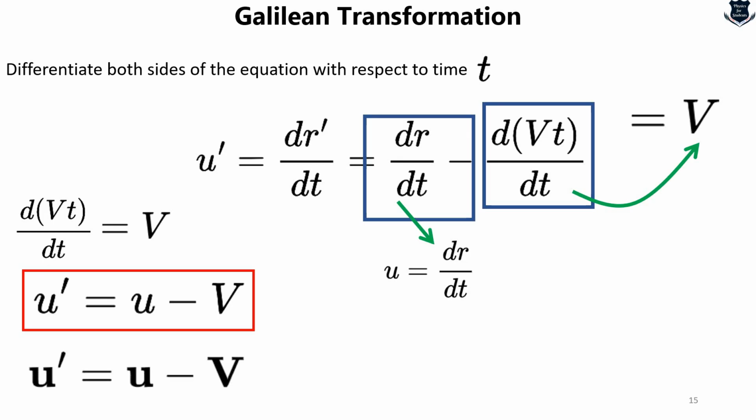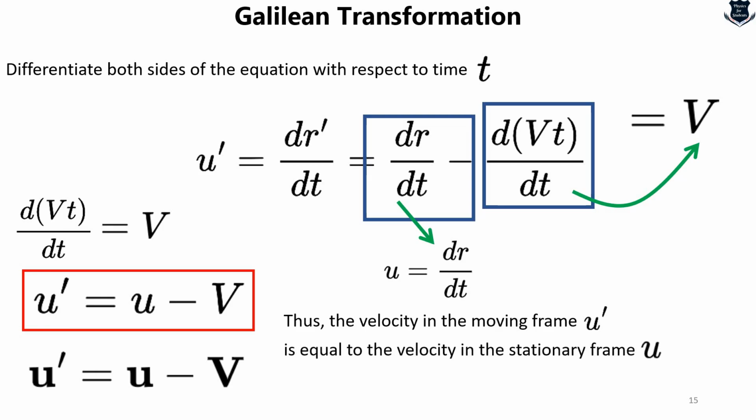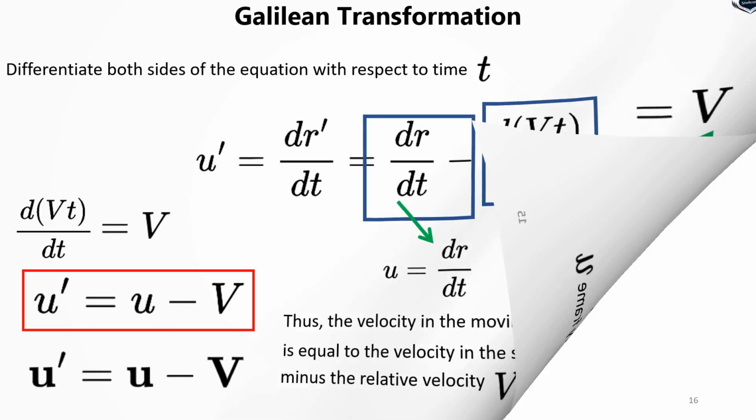What becomes important is that we can write it in this vector format, and it shows that the velocity in the moving frame of reference, u prime, equals the velocity in the stationary frame of reference, u, minus the relative velocity v. This shows how the transformation and the mathematics actually happen.